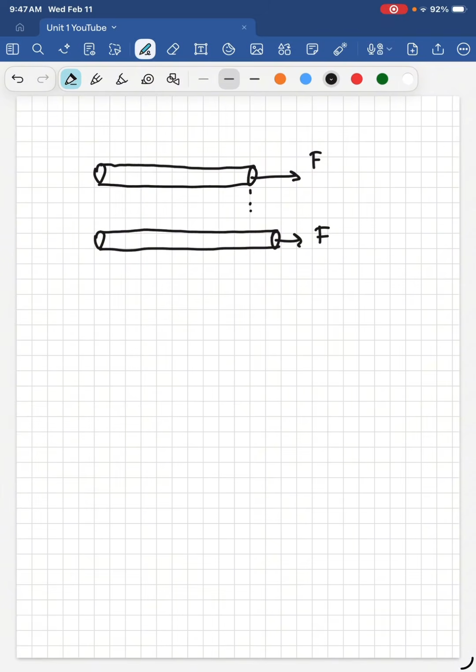So you will have some extension, let's name it delta L. So this is the extension, a small one. So wires and rubber bands. Now we treat these as two-dimensional materials, meaning that whatever happens to their cross-sectional area matters. And this is the cross-sectional area. Let's draw it with green. So that's the cross-sectional area.